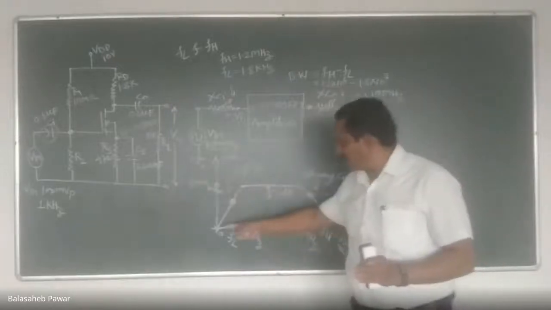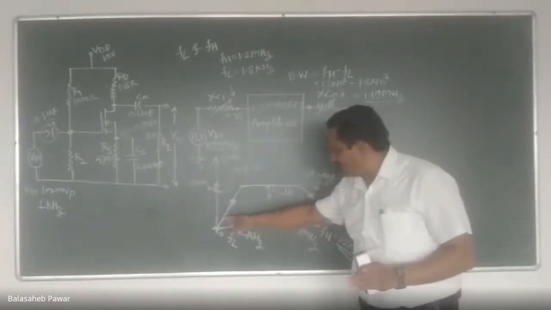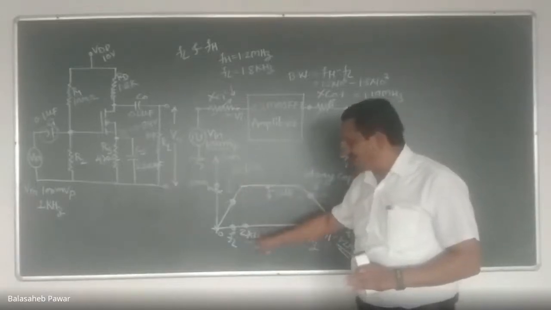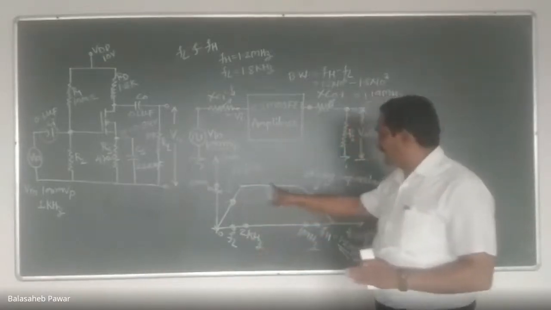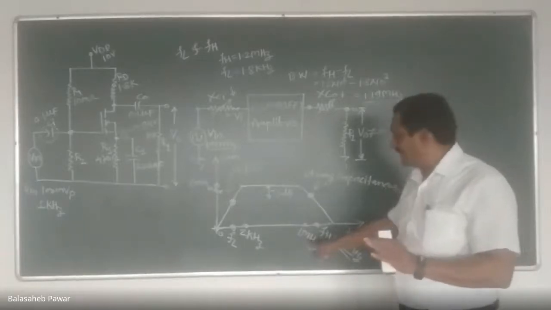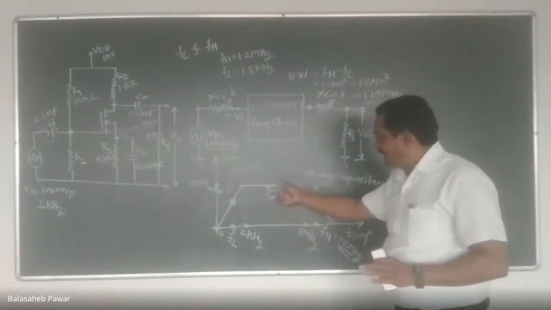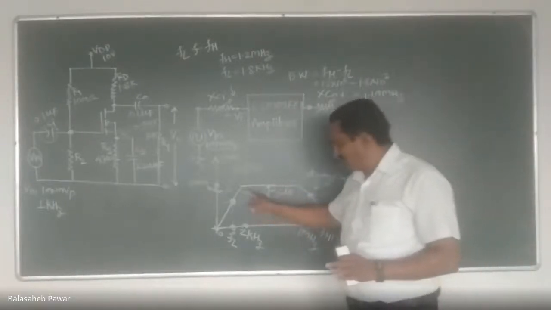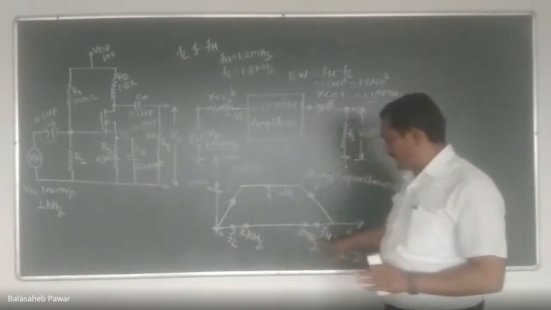From low frequency onward, gain increases up to this particular frequency that I consider as 2 kilohertz, and later on it remains constant up to 1 megahertz. This is our consideration. And we plotted that 3 dB bandwidth, that means by plotting FL and FH.